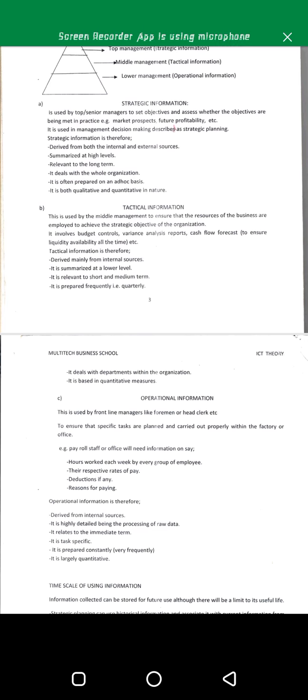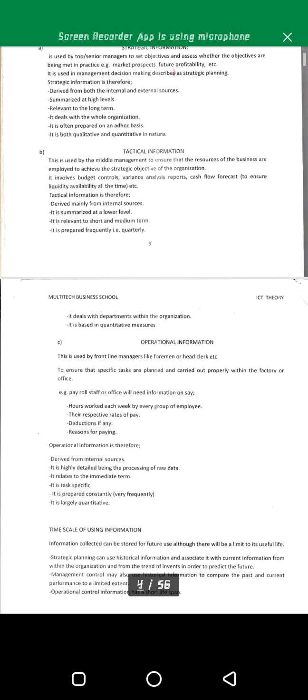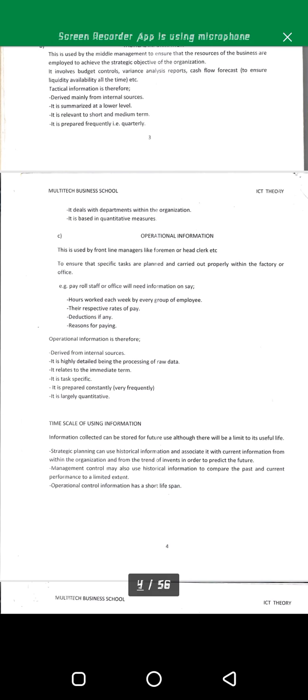It deals with departments within the organization. It doesn't deal with the organization as a whole. It is based on quantitative measures.